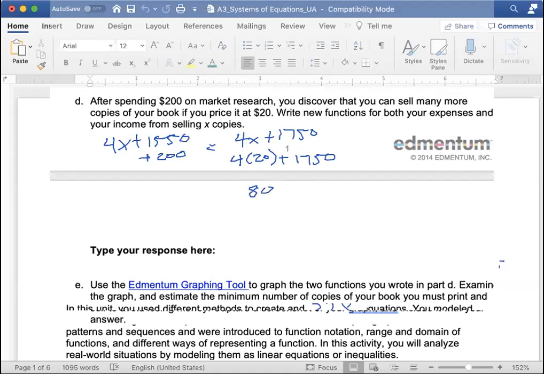So that would be 80 plus 215.50 or 295.50 is how much you would have to make to break even. So 295.50 divided by 20 is how much? It'll tell us how many books we have to sell to break even. Okay, 295.50. So you would have to sell 15 books to break even.